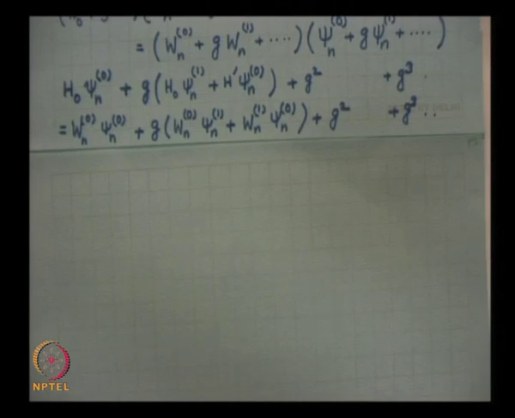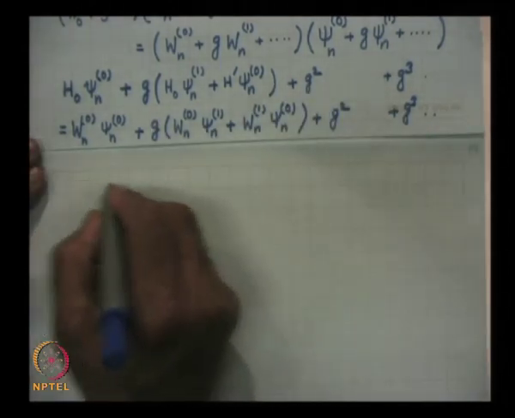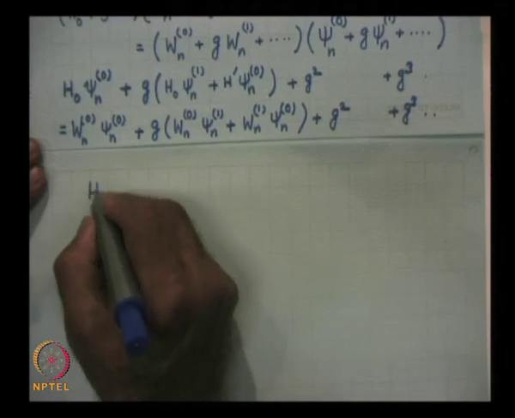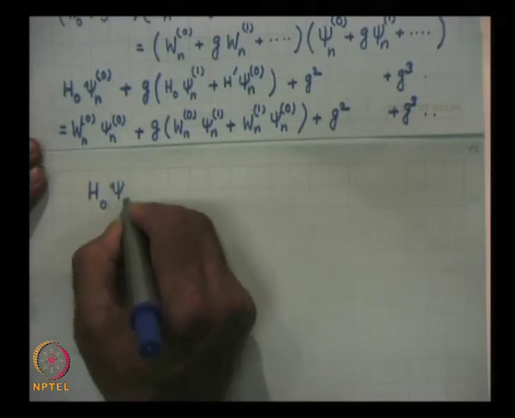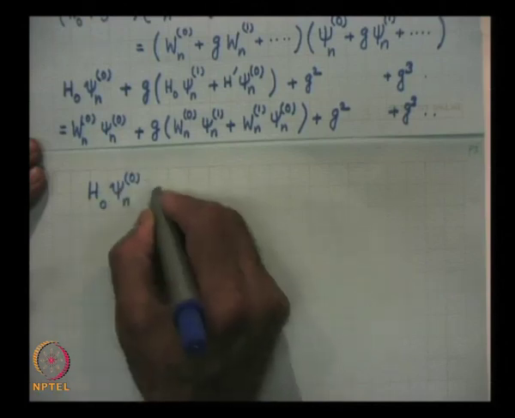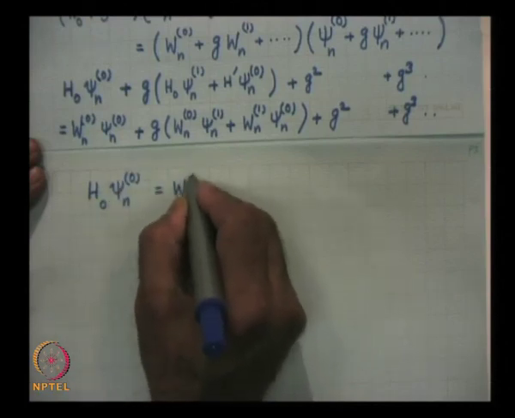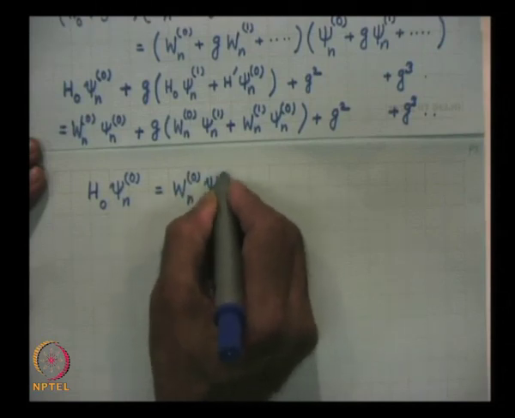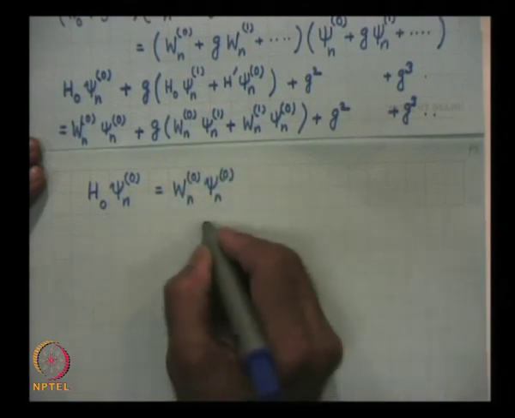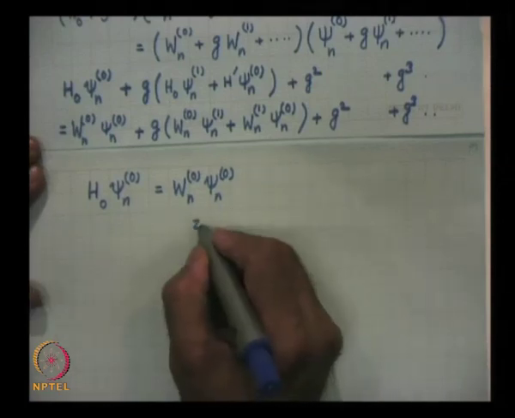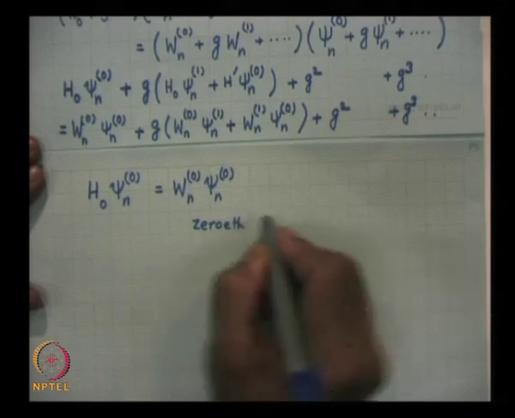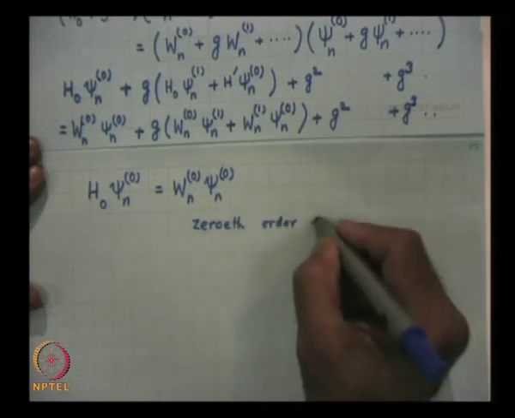Now, we let g tend to 0, and that is always possible because, let us suppose, the external electric field goes to 0. Then all the terms cancel out and we have the 0th order equation, H naught psi n 0 is equal to W n 0 psi n 0. This is the 0th order equation.